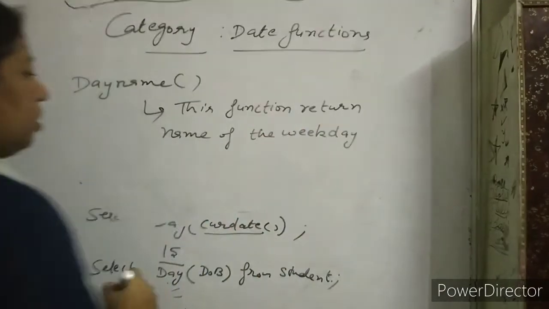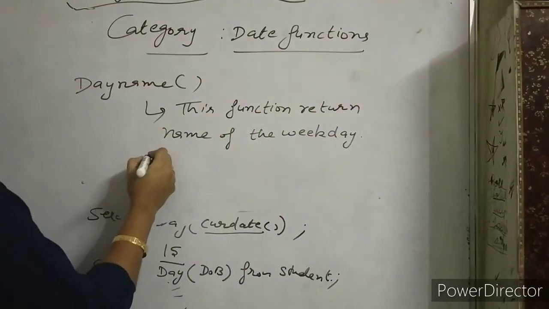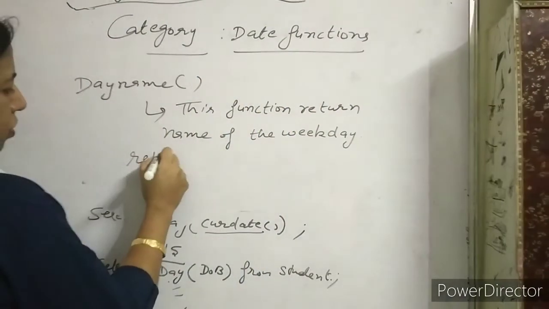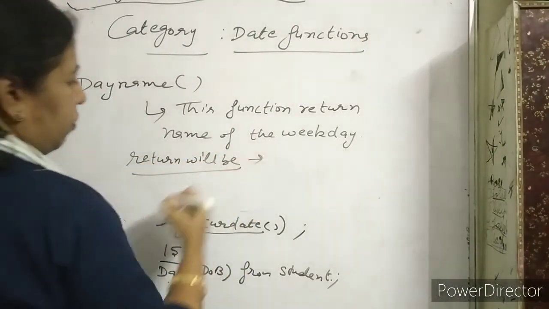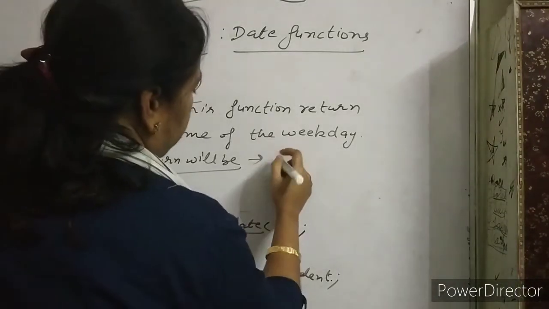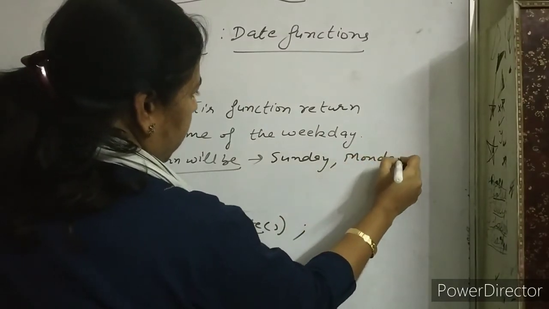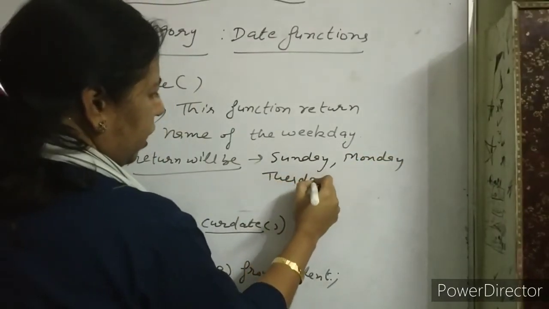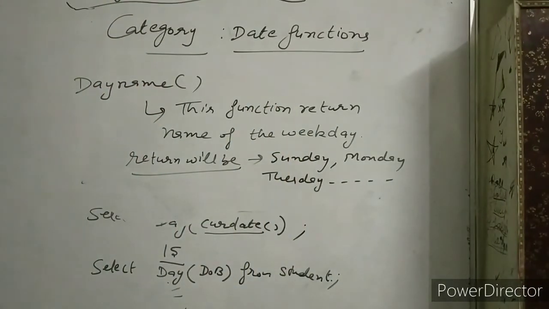It returns me the name of the weekday. What type of return will it be? Day name. You will get Sunday, Monday, like this. Sunday, Monday, Tuesday, whatever the day on that date, it gets returned.